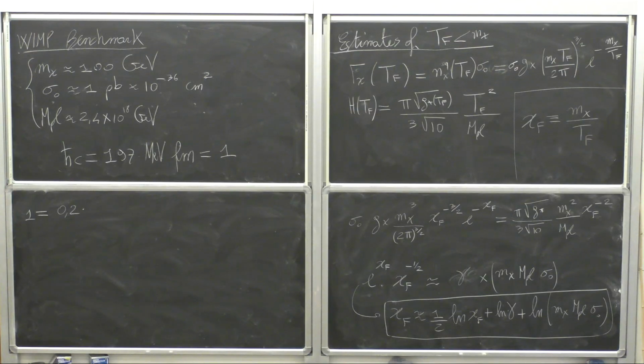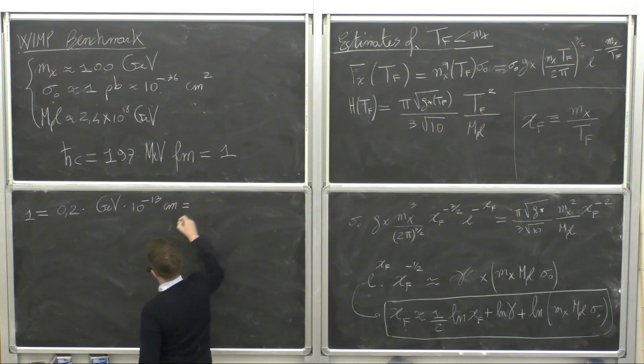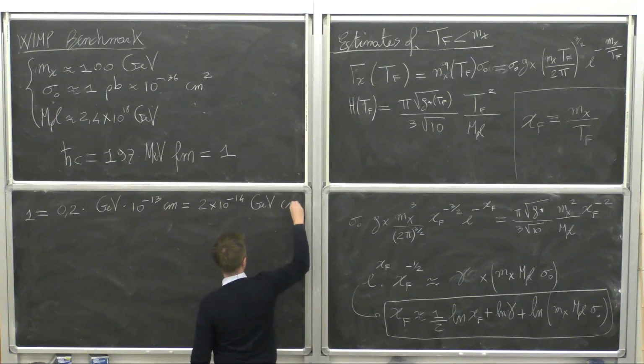As a first approximation, 197 is 2 GeV. 1 GeV is about 8,000 MeV. 1 Fermi is 10 to the minus 15 meters. Let's keep the 2. That gives 2 times 10 to the minus 14 GeV times centimeter, and this is 1.